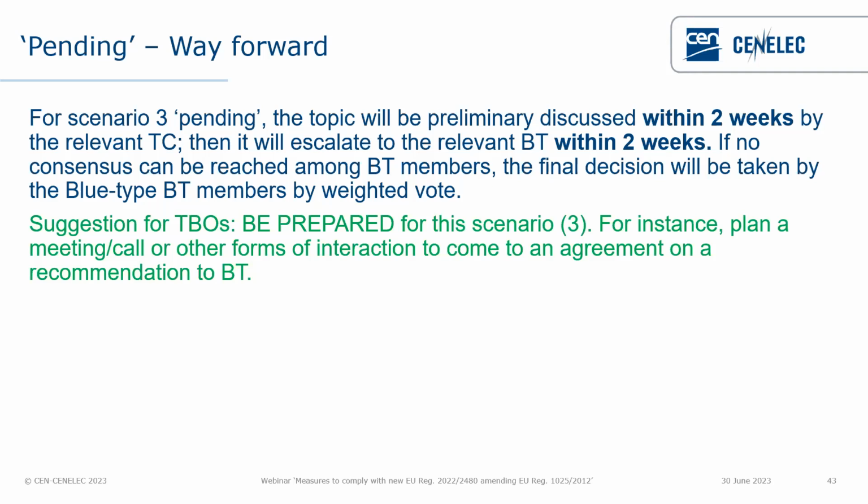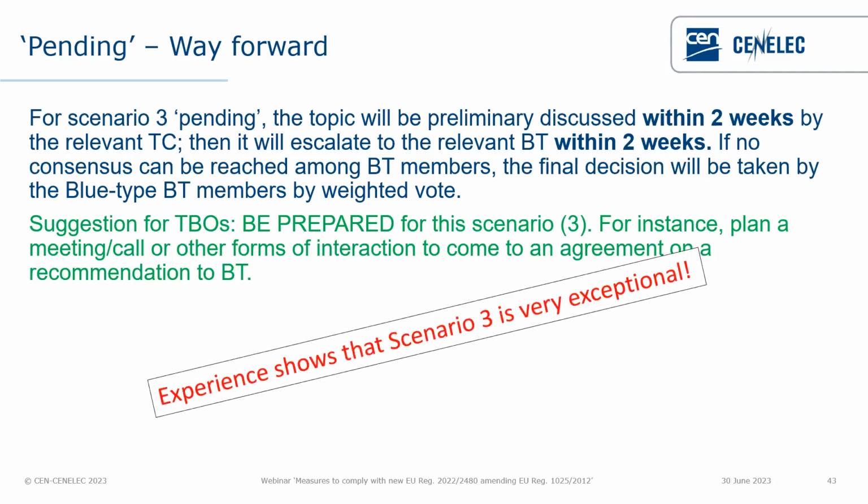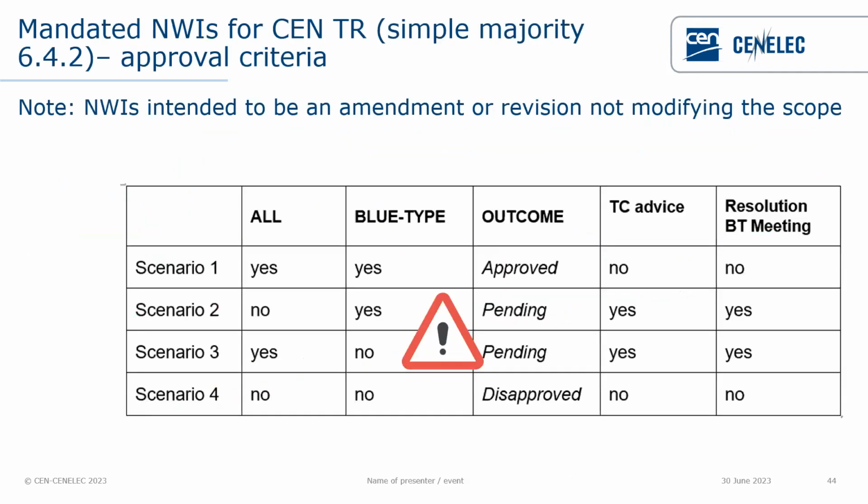So when launching the CIB, you could already book provisionally a TC meeting or working group meeting, or a meeting with the working group convener, to then discuss possible pending scenarios. Also in this case, discrepancies between old members and blue-time members are very rare, but still may happen.